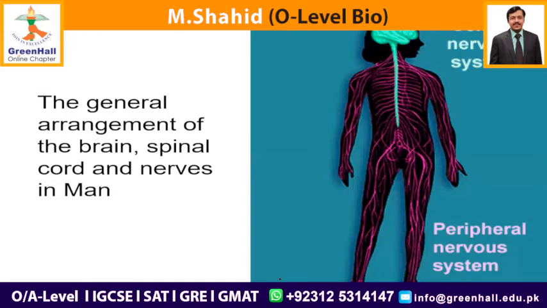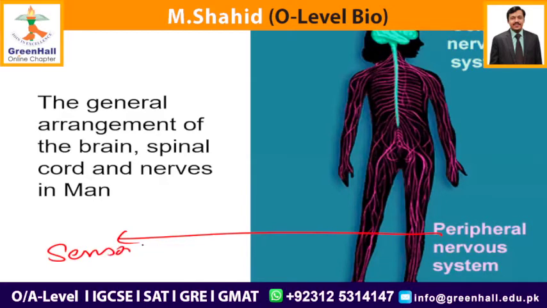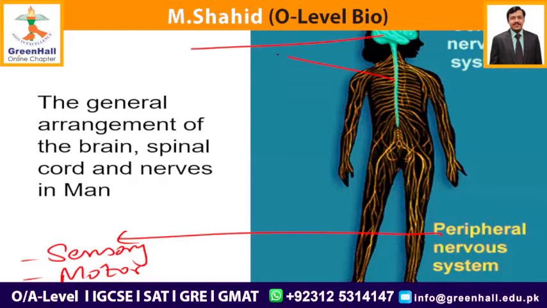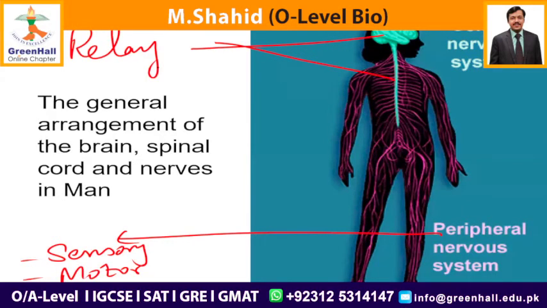the peripheral nervous system mainly has two types of neurons. I'm elaborating on the peripheral nervous system, that it is made up of sensory neurons and motor neurons, whereas in the brain and in the spinal cord there is only a single type of neuron present, that is called the relay neuron. So in total in our body we have three types of neurons: sensory, motor, and relay neuron.